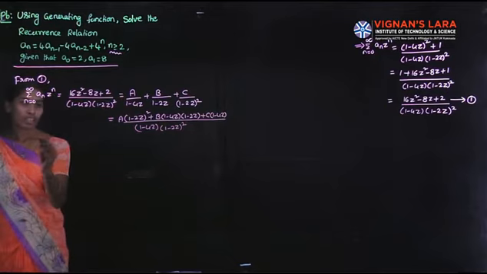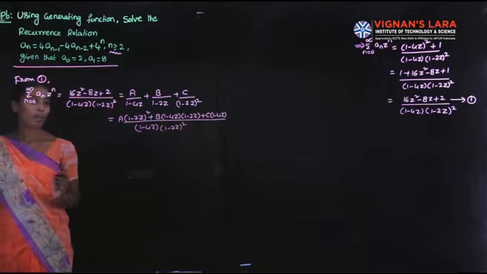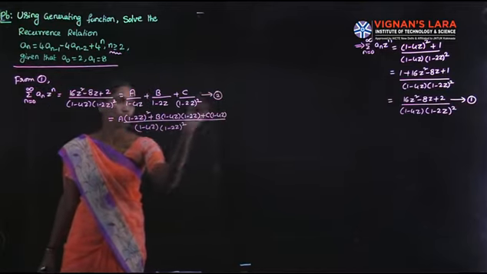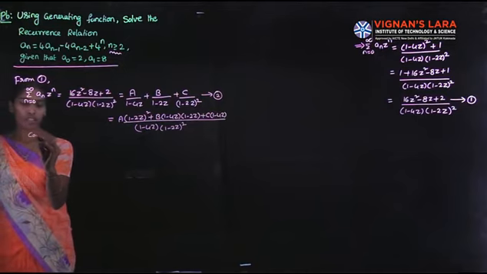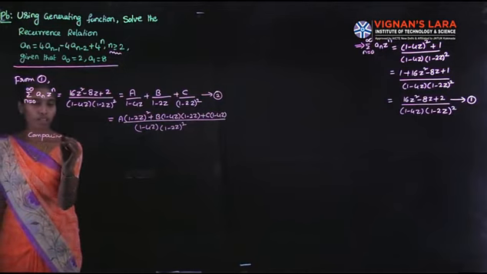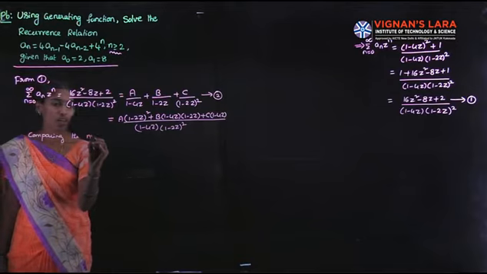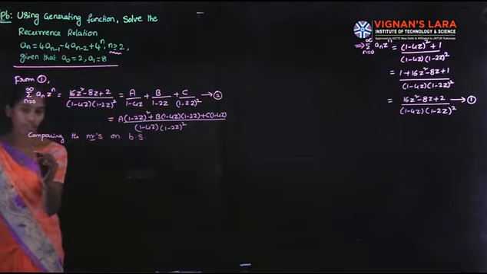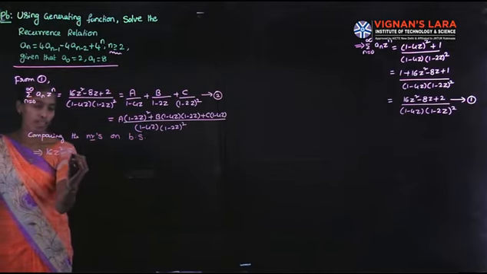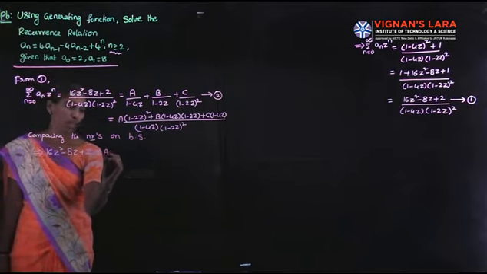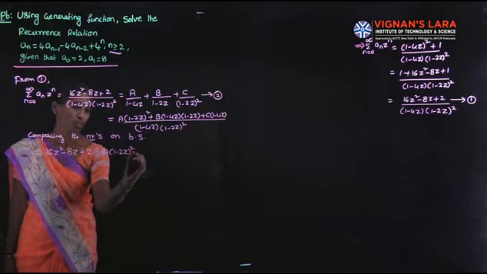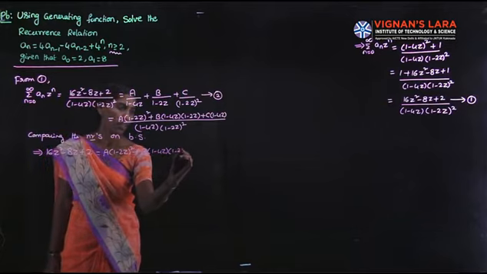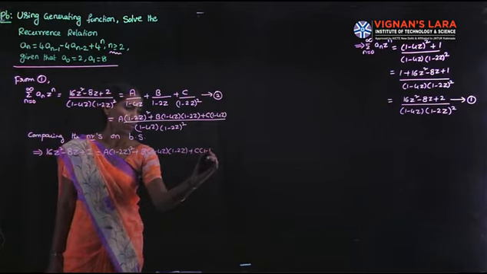Now, equating both sides and comparing the numerators, let it be equation 2. We will get 16z^2 minus 8z plus 2 equal to A into (1 minus 2z) whole square, B into (1 minus 4z) into (1 minus 2z), C into (1 minus 4z).